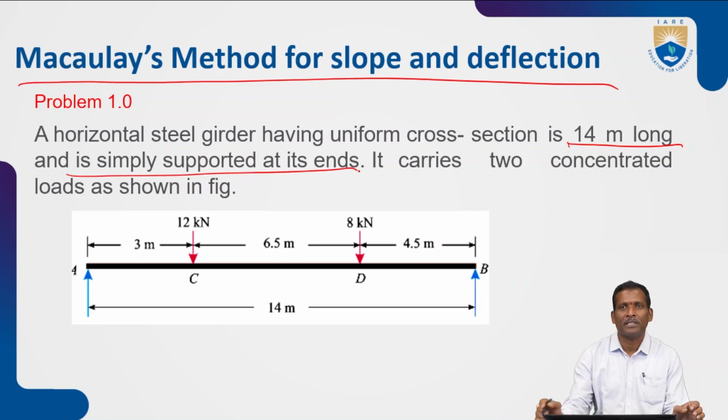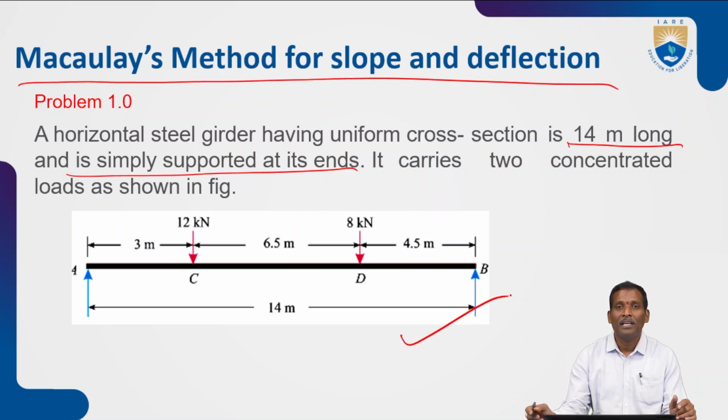The type of beam here is a simply supported beam. It carries two concentrated loads as shown in the figure. We already know about simply supported beams, cantilever beams and overhanging beams, as we discussed various types of beams in the theory part.